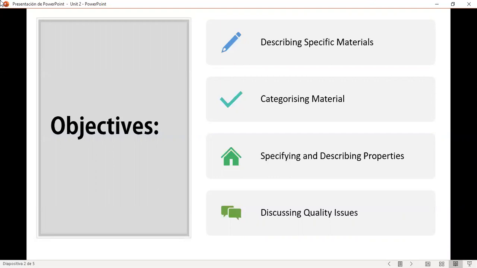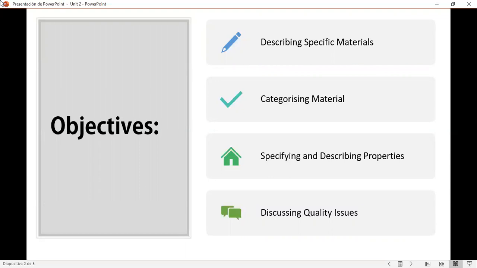The third objective is about specifying and describing properties of the materials that we use to build or create or design things, machines, instruments, etc.